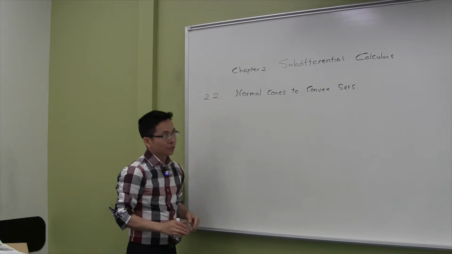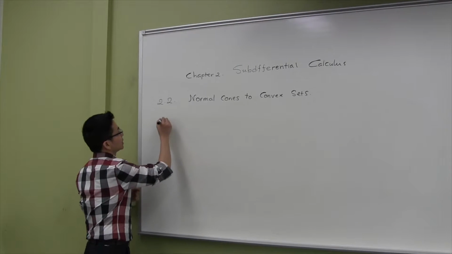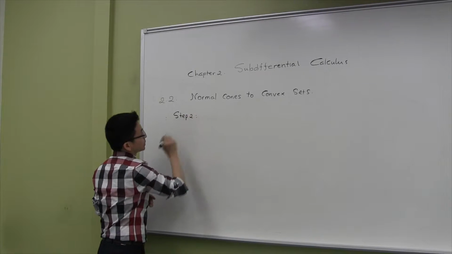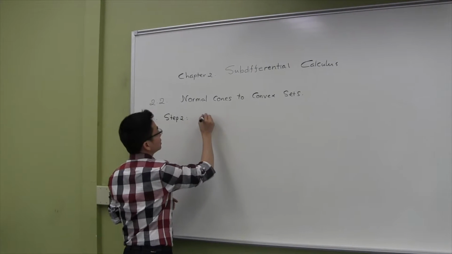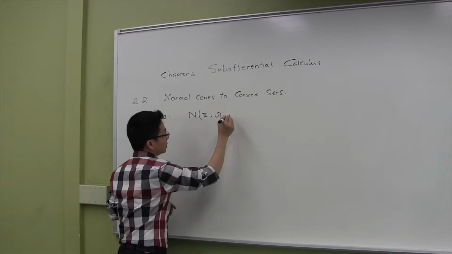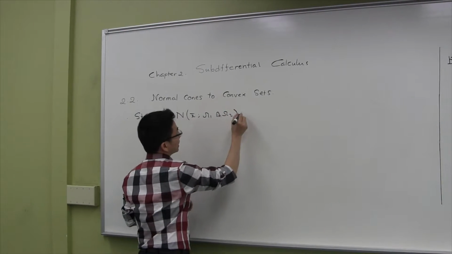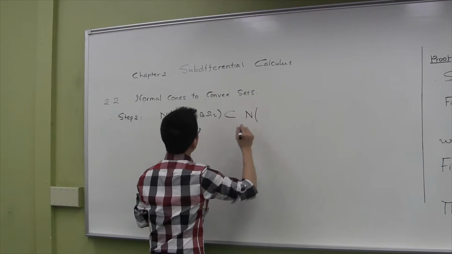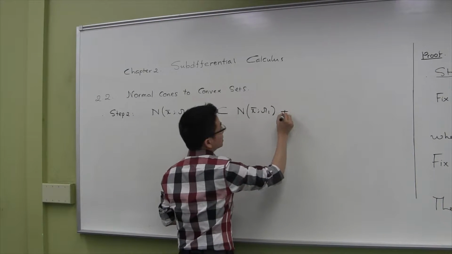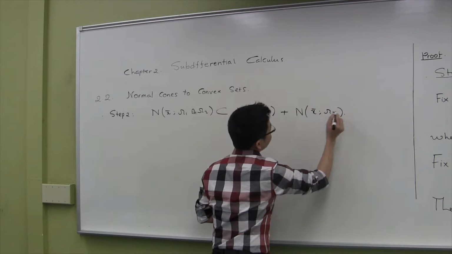Now I'm going to continue to complete the proof with the opposite inclusion. This is the second step of the proof. We're going to show that the normal cone to the intersection of omega 1 and omega 2 is a subset of the normal cone to the set omega 1 at x bar plus the normal cone to the set omega 2 at x bar.